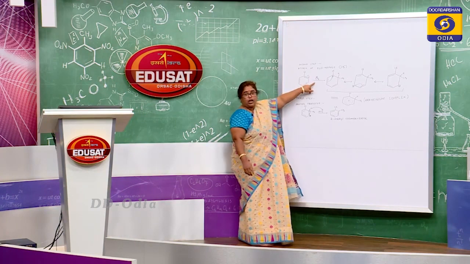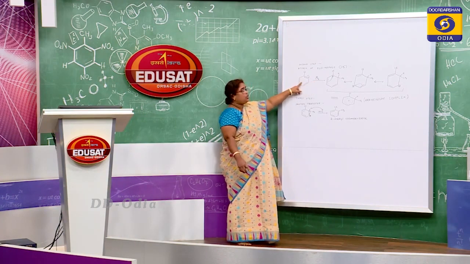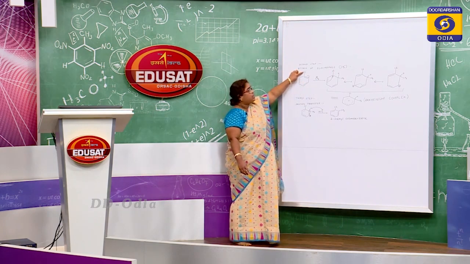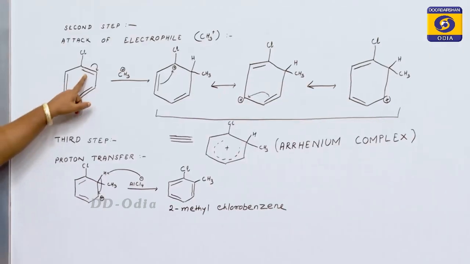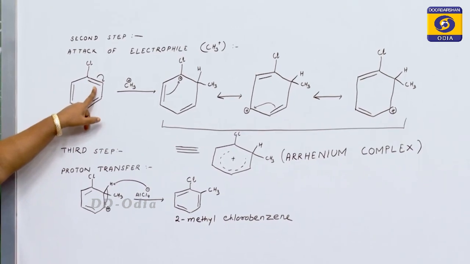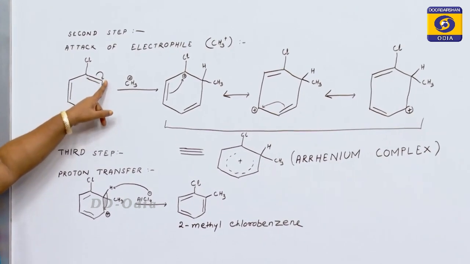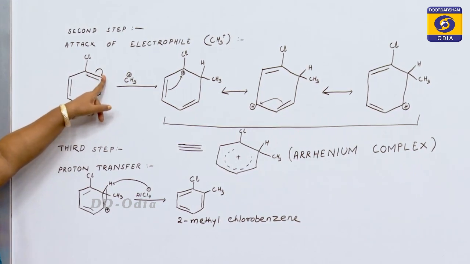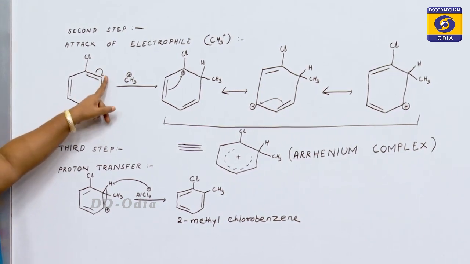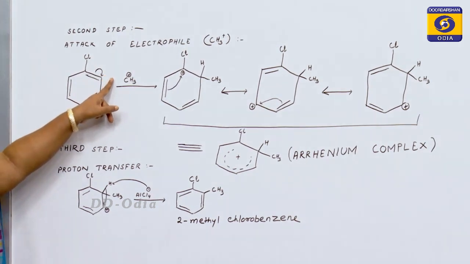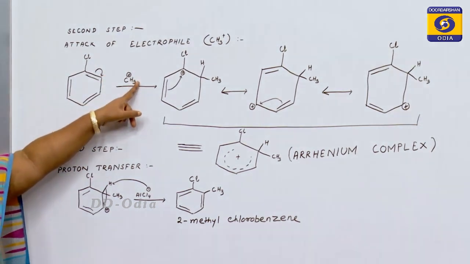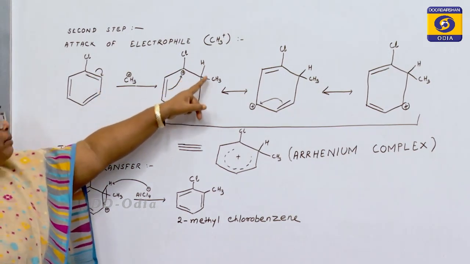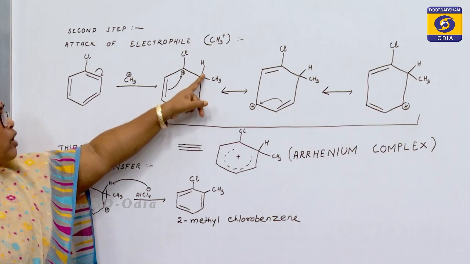Here the Cl atom is there and this bonded electron pair gets shifted towards a particular carbon atom, making it rich in negative charge, and CH3 plus attacks here, thereafter giving rise to the formation of a product like this.